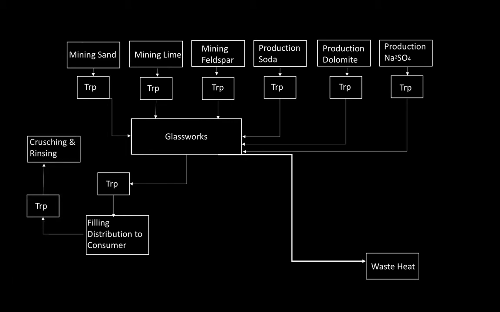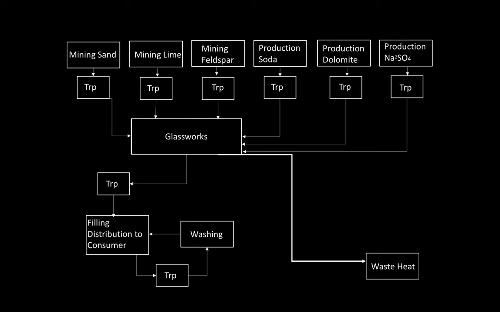In the second scenario, you transport it and you collect it in those kind of glass igloos that we have in Sweden. Collect it, crush it, rinse it, and then go back to the factory and it is remelted into new glass.